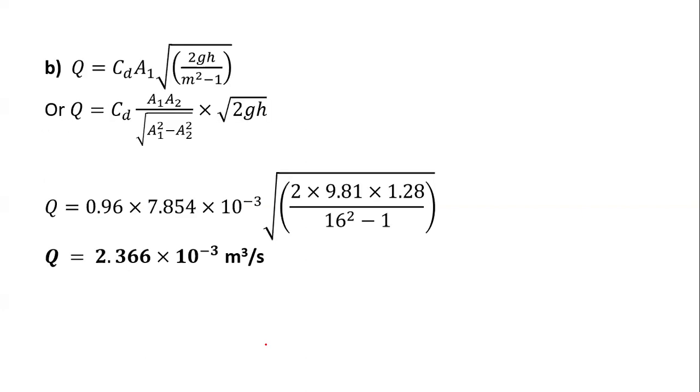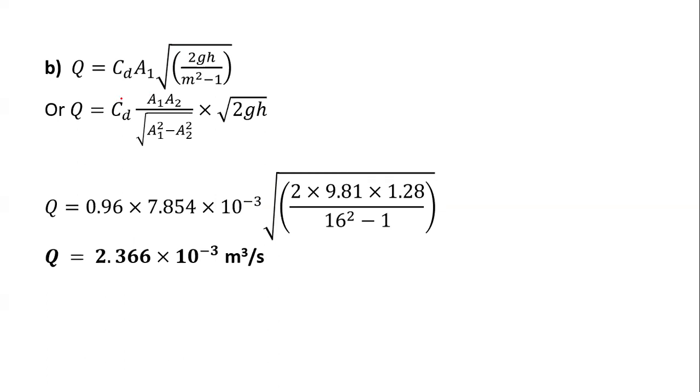The other part is talking about us finding the actual discharge. There are so many formulas for the discharge, but here we can use either this formula on top or the one below. The one we've written here, its simplified version is the one on top.